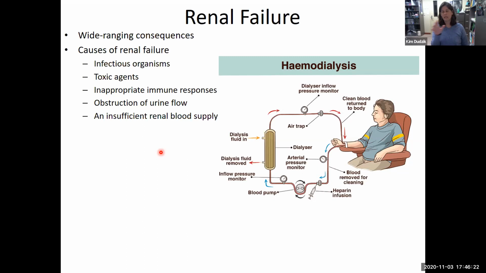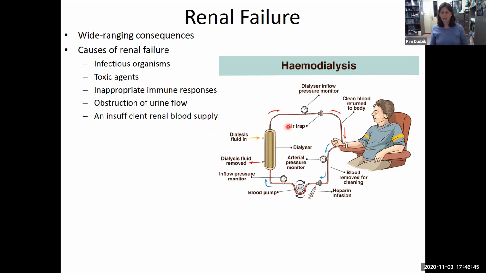But if neither kidney functions, you have to do dialysis, okay? And any type of renal failure results in the same thing. You get toxicity of the blood, and that can affect other organs. So when the urinary system fails, the kidney, you can quickly have other organ failure.